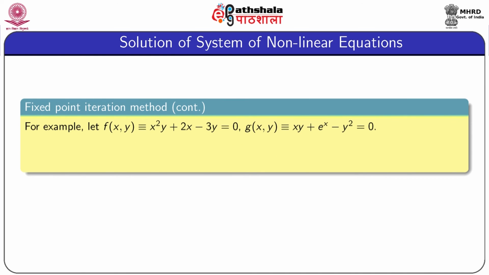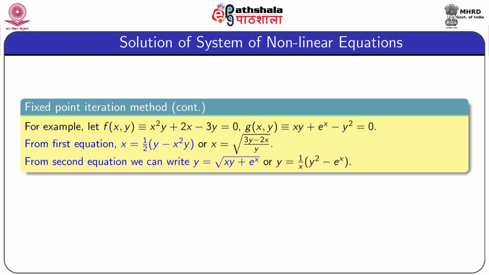For example, let f(x, y) equal to x square y plus 2x plus 3 equal to 0 and g(x, y) equal to xy plus e to the power x minus y square equal to 0. The first equation can be written as x equal to half into (y minus x square y), and this equation can also be written as x equal to square root of (3y minus 2x) by y.